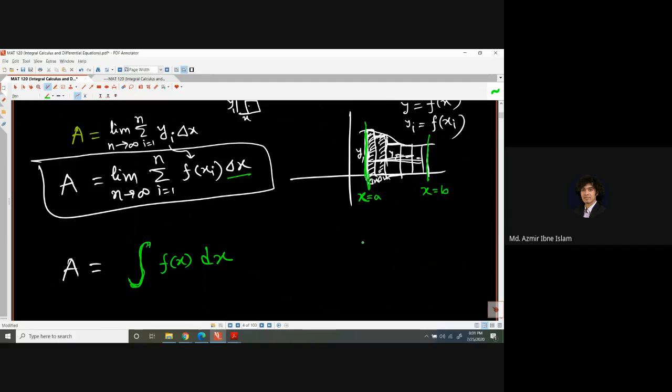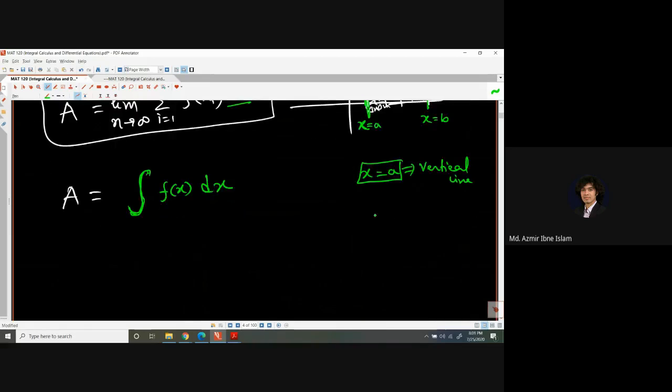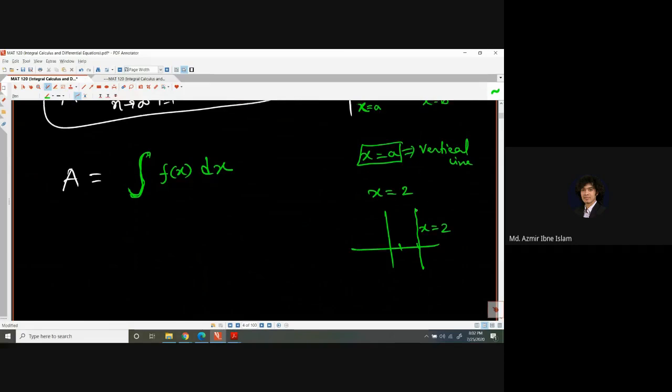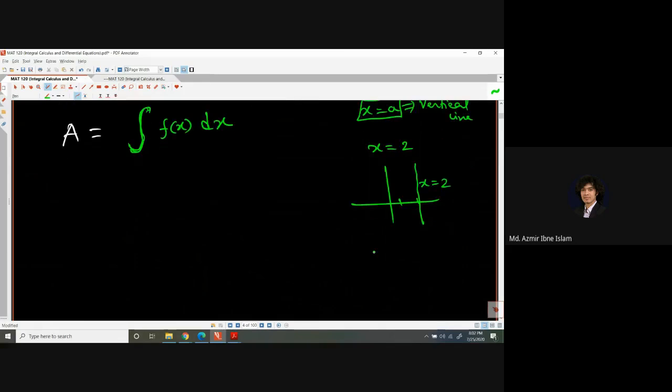You know that x equal to a is a vertical line. That means if I say x equal to 2, at this part there will be a line. This is a vertical line. You know all these concepts from geometry.